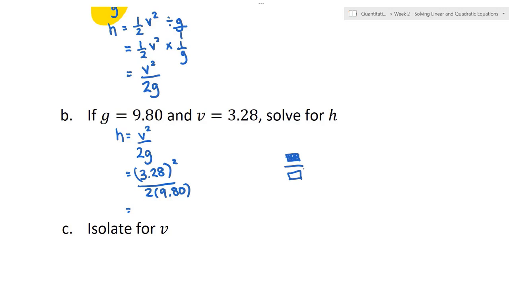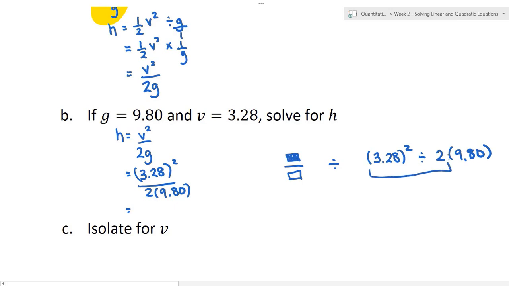If you don't have that button and you're just using this as a division, you would be writing it this way, 3.28 in brackets squared divided by 2 times 9.80. What's going to happen is your calculator will think that you're only dividing by 2, and then you're timesing your answer by 9.8. It thinks you're doing this.